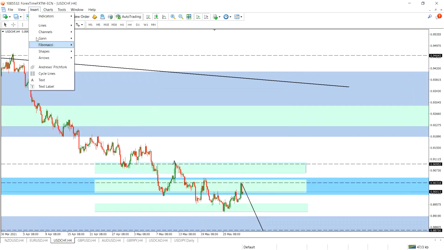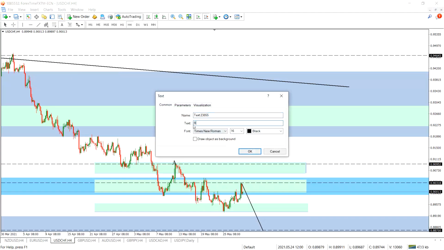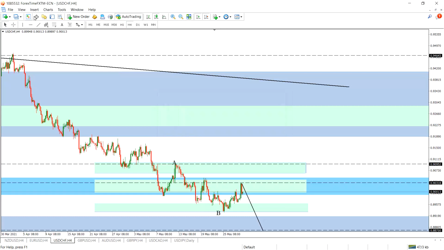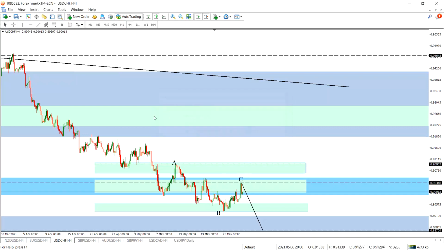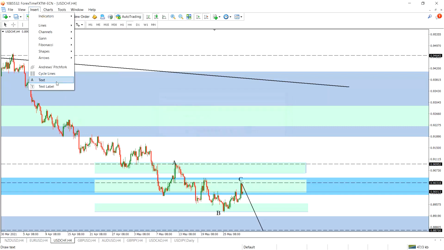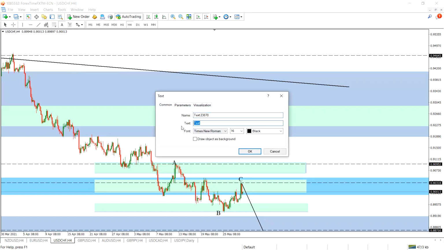So this is the A level right here. We have the B level, the A to B extension impulsive push, then the B to C retracement level right here, and of course we are anticipating the C to D level upon the market opening.